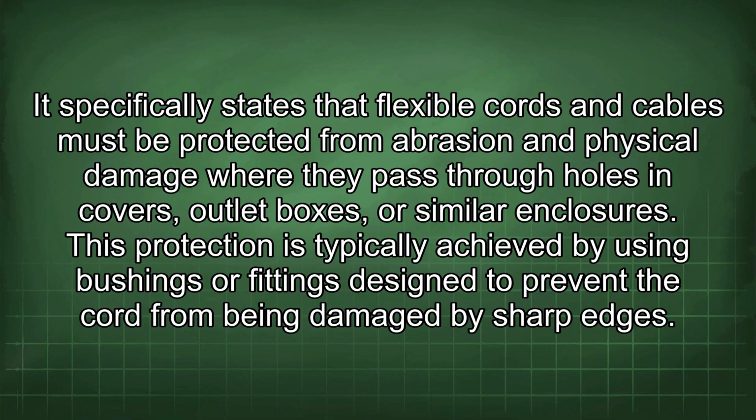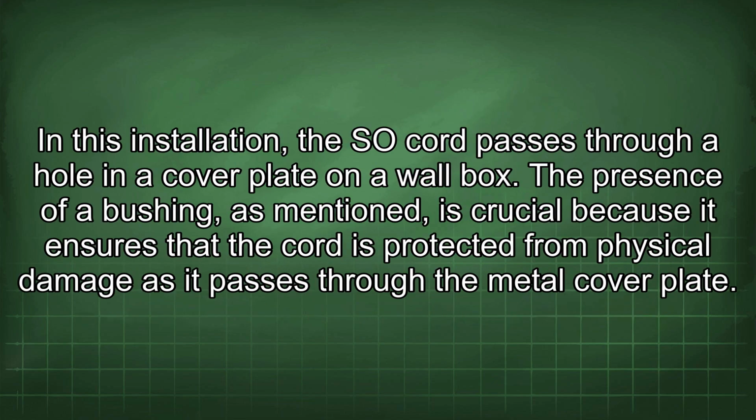It specifically states that flexible cords and cables must be protected from abrasion and physical damage where they pass through holes in covers, outlet boxes, or similar enclosures. This protection is typically achieved by using bushings or fittings designed to prevent the cord from being damaged by sharp edges. In this installation, the SO cord passes through a hole in a cover plate on a wall box.